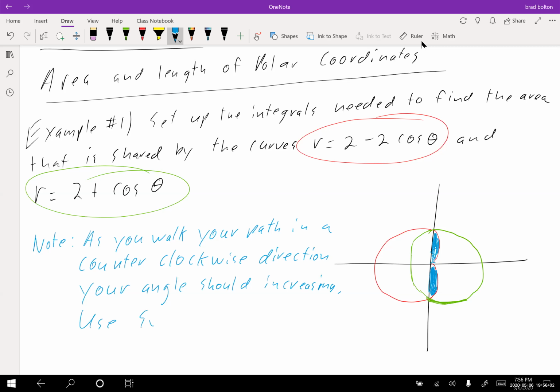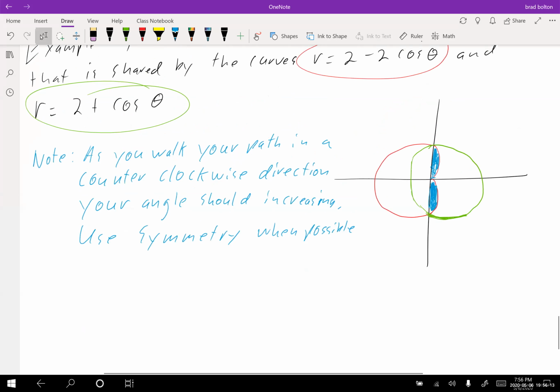Use symmetry when possible. Okay, so there's a lot of ways we could do this problem.